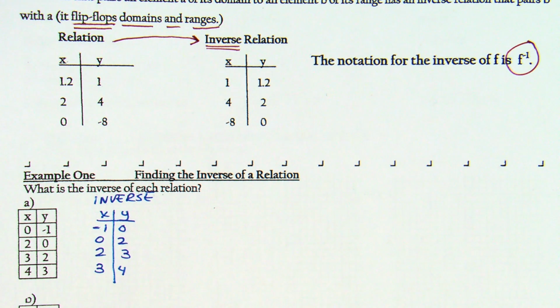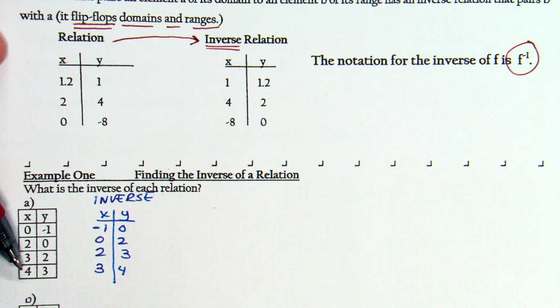If a value in the domain pairs with two values in the range, it's not a function. So if we look at the original one, does 0 pair with negative 1? Does 0 pair with anything else? No. Does 2 pair with 0? Does 2 pair with anything else? No. 3 just pairs with 2. 4 just pairs with 3.